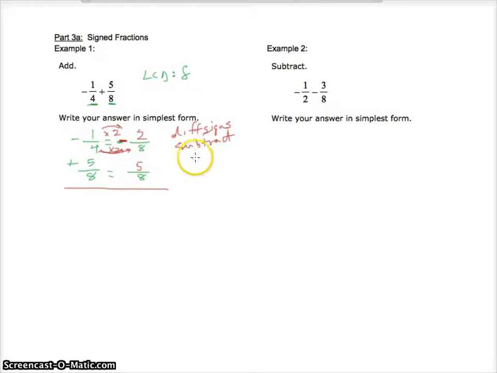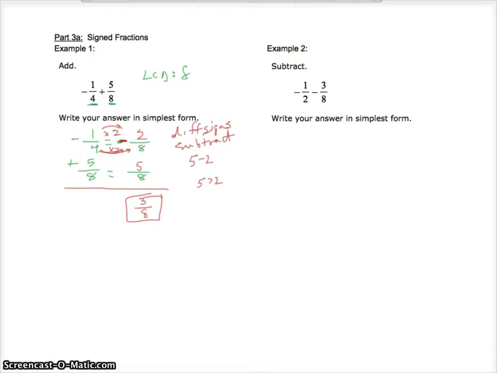And when I subtract them, I want to actually say 5 minus 2. So 5 minus 2 is 3 over 8. And the 5 is greater than 2, so we're going to have positive 3 over 8.